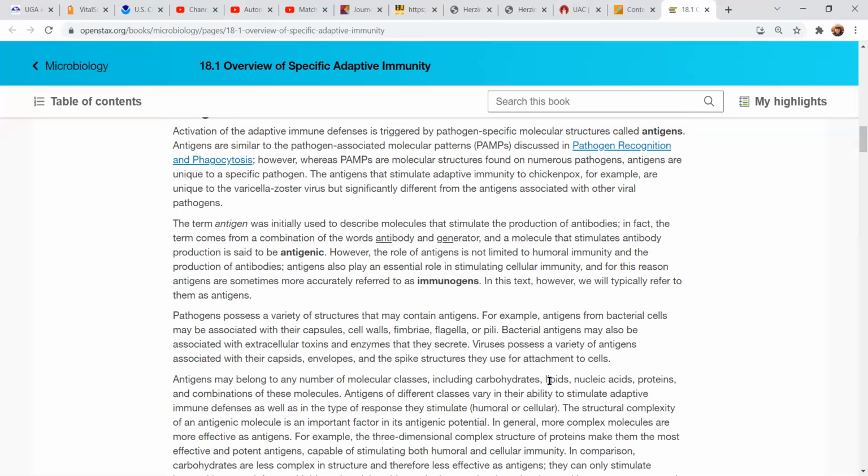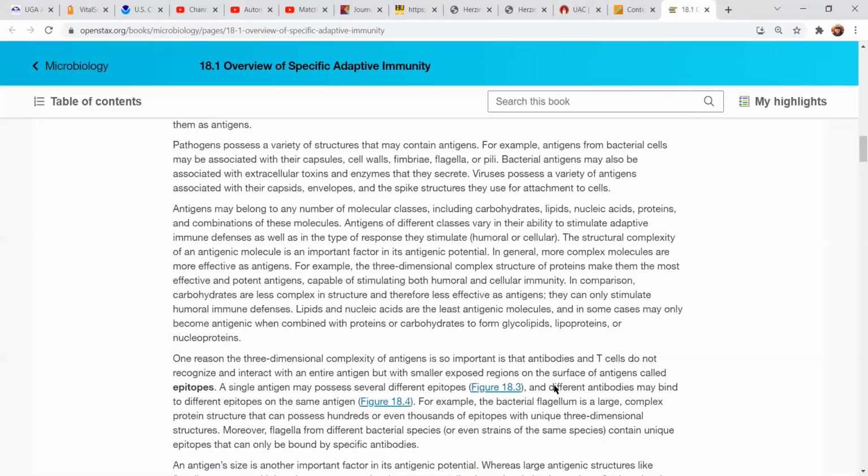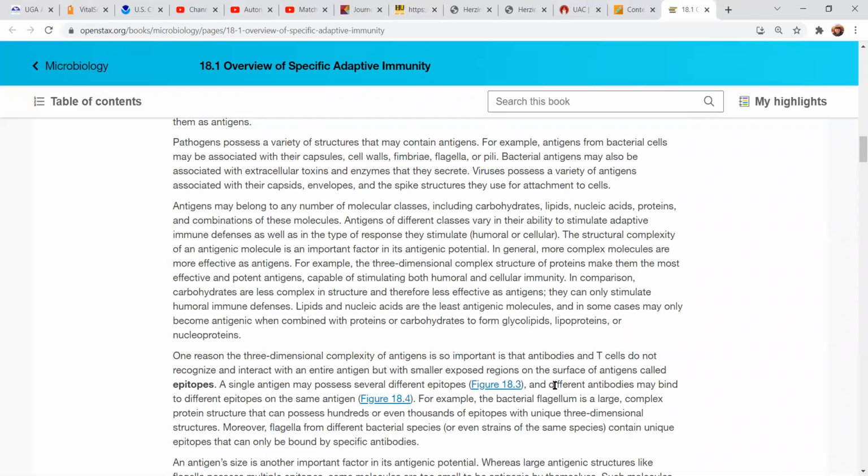They can be carbohydrates, lipids, proteins, glycolipids or glycoproteins. So they can be a lot of different structures, and they vary in how they're able to stimulate our adaptive immune defense, as well as whether they're going to trigger a humoral or antibody-mediated response, or a cellular response.